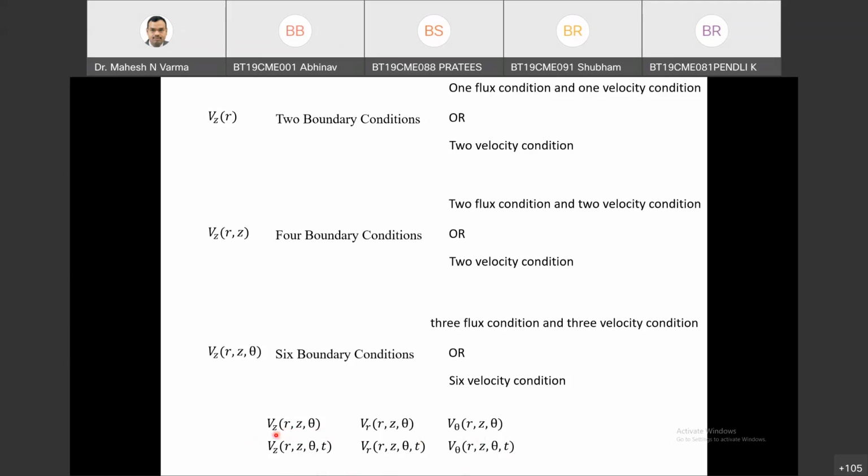The name of that subject is computational fluid dynamics. That is nothing but solving this equation when I have all three velocities varying in all three directions, and even an unsteady state problem, getting a velocity profile using a numerical method.